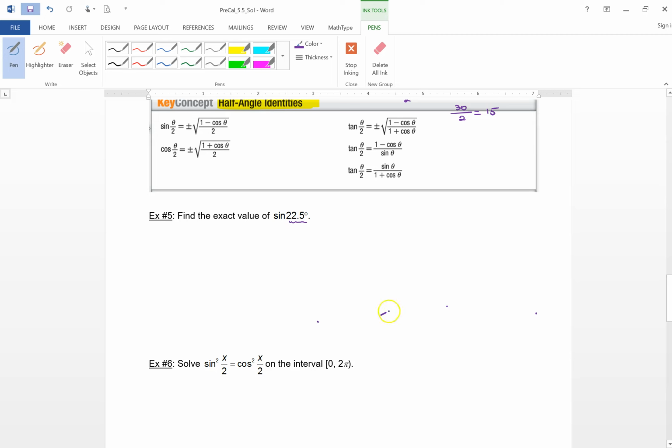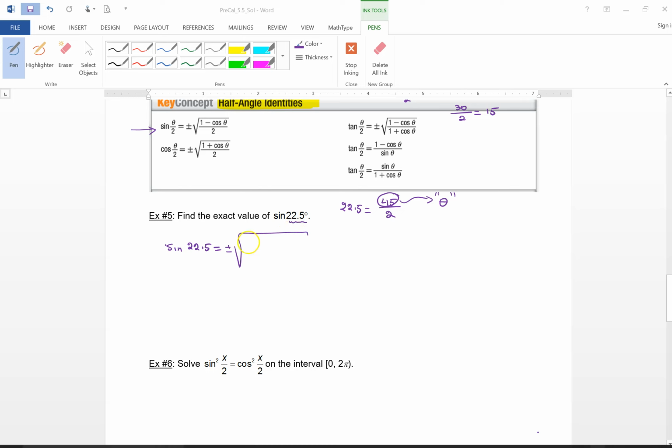Now, 22.5 is 45 over 2, right? This is what you use as your theta. So 22.5 is theta over 2. 45 is theta. So now, sine of 22.5 is equal to, we're going to use this one, plus or minus the square root of 1 minus cosine of theta, over 2.